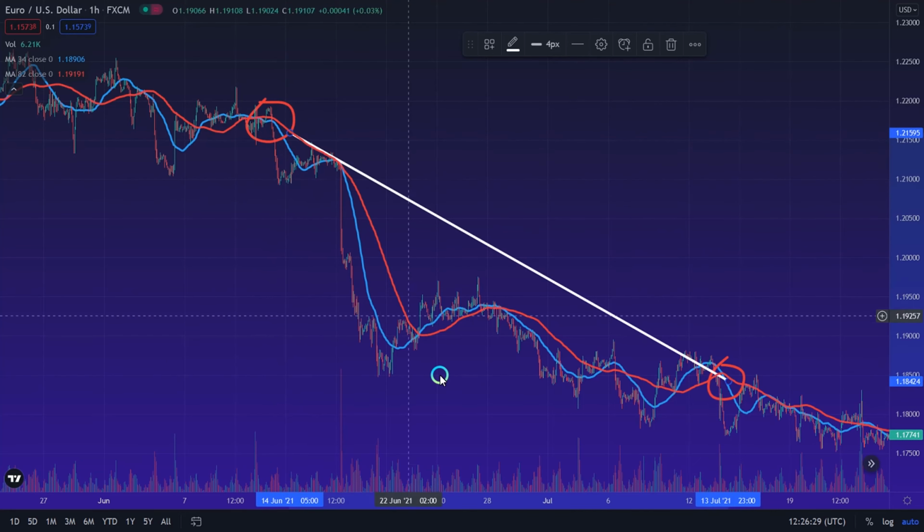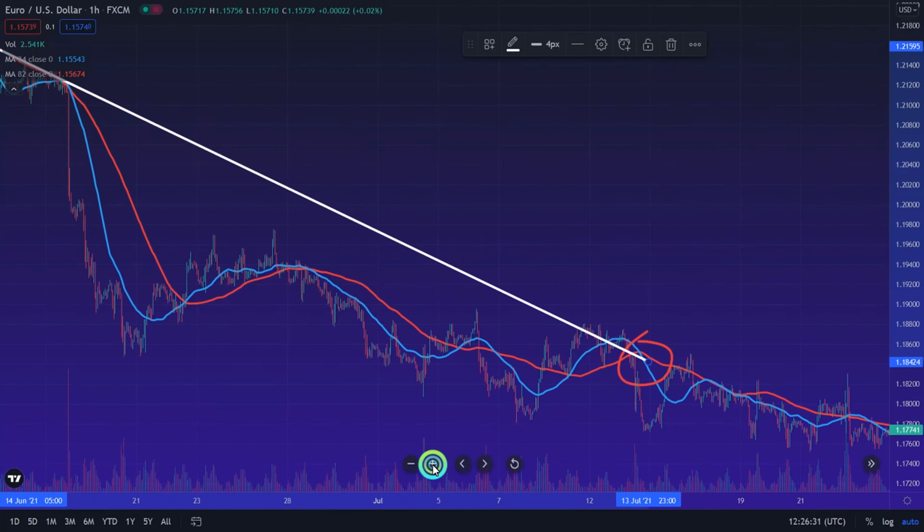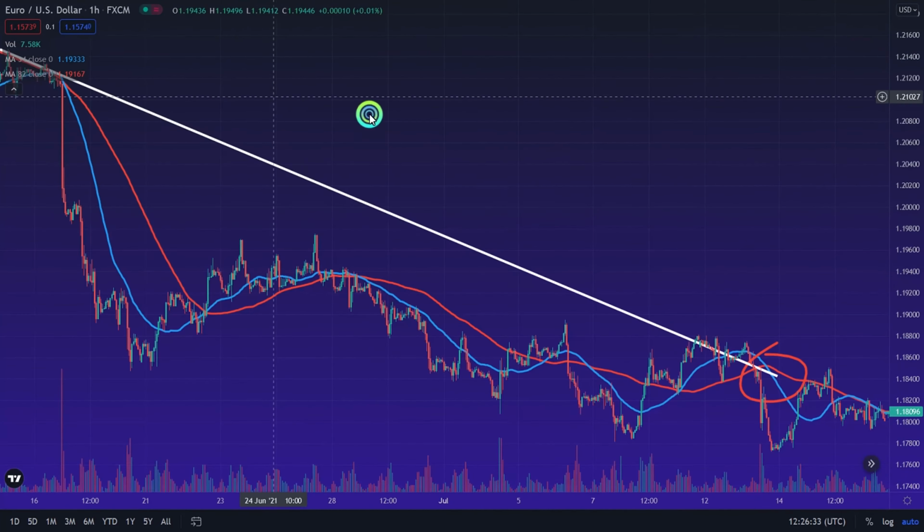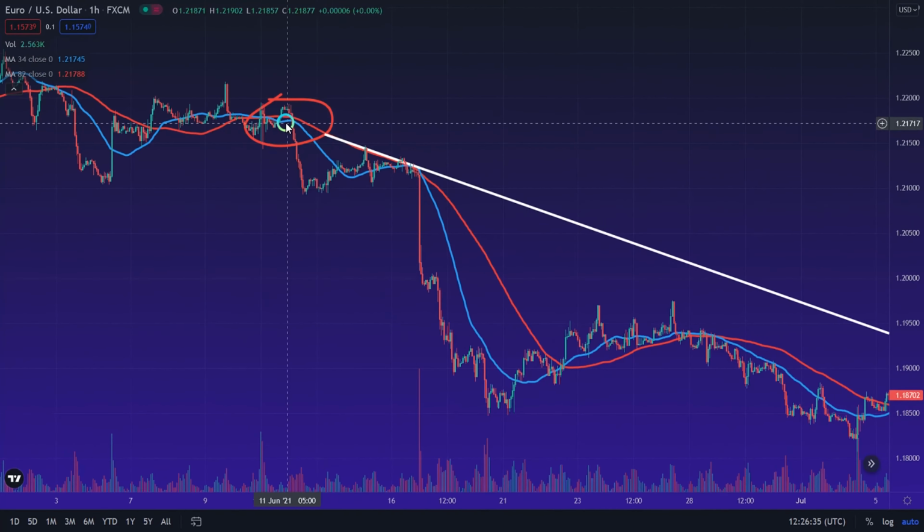If you take a closer look, right there this rule is perfect. The condition is great because the blue line is below the red line. So our first condition is good to go.